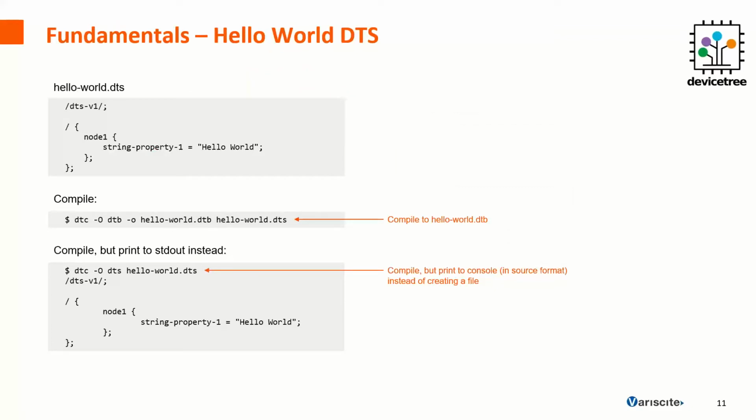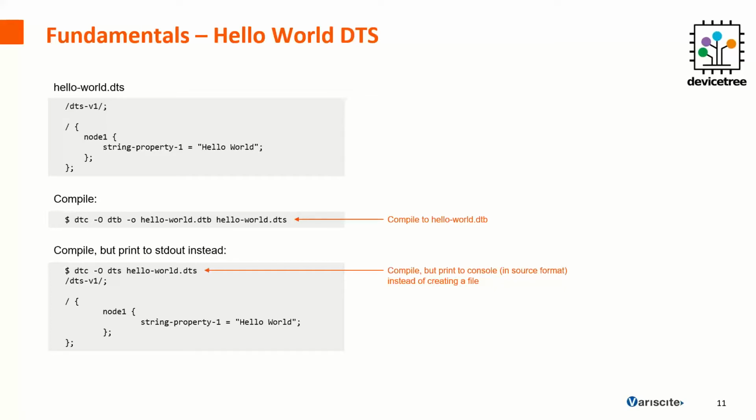Okay, so now let's walk through several device tree examples to demonstrate some of the device tree fundamentals. This here is a simple hello world device tree file. It has a single node with a string property1 set to a value of hello world. We can use the device tree compiler to compile this to a .dtb file, which is the format that's expected by the kernel.